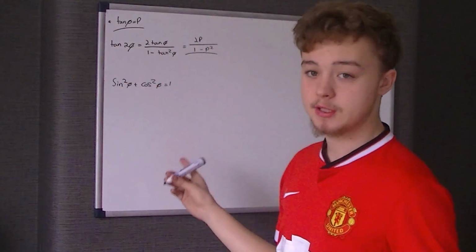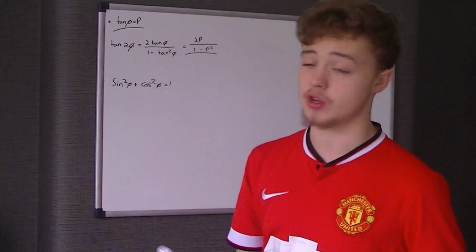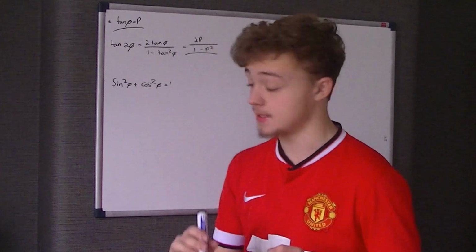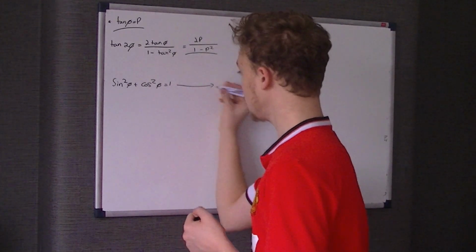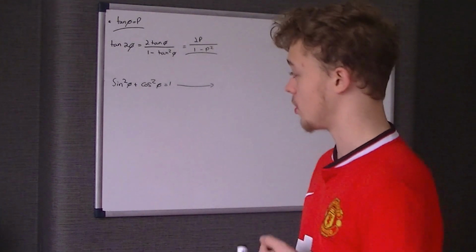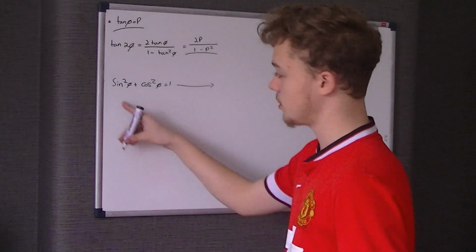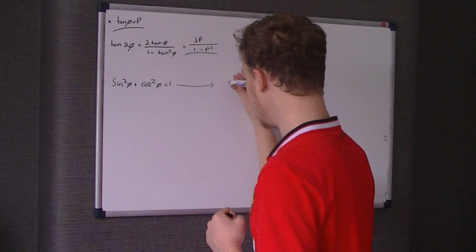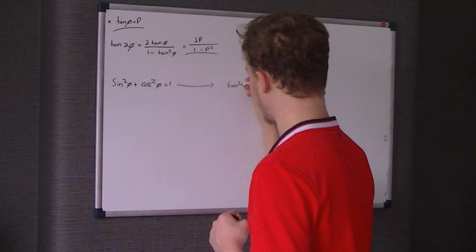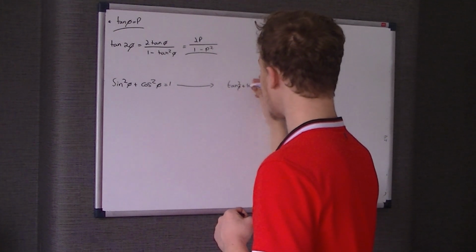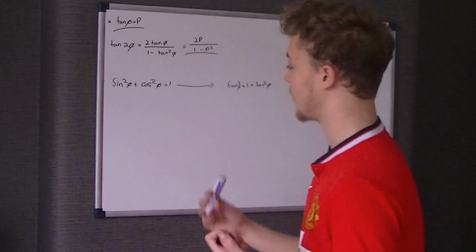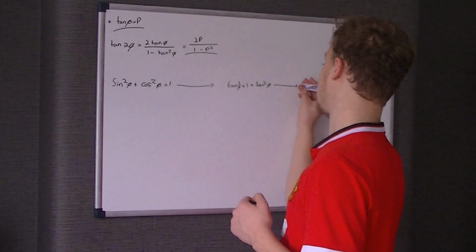So we've got to rearrange this to get one of our new identities that links tan theta and cos theta together. As we know, sin theta over cos theta is tan theta, so we divide it all by cos squared theta. The first one is tan squared theta plus 1 equals sec squared theta, because we've divided it all by cos squared theta.